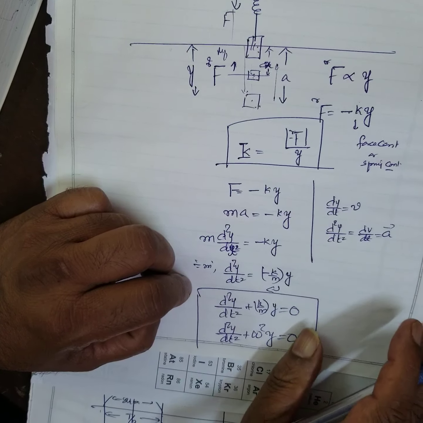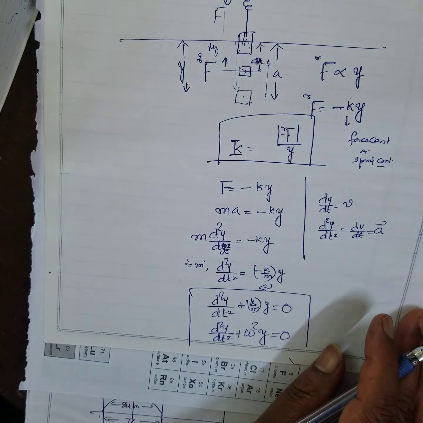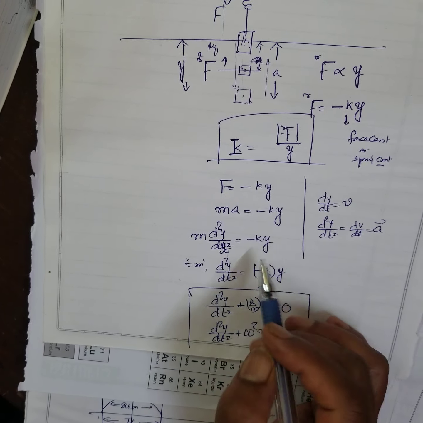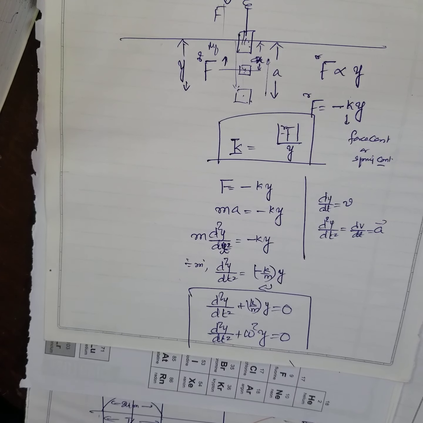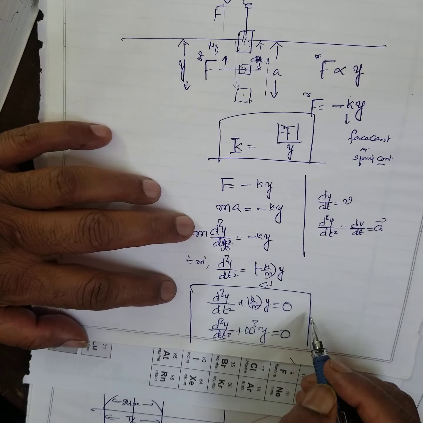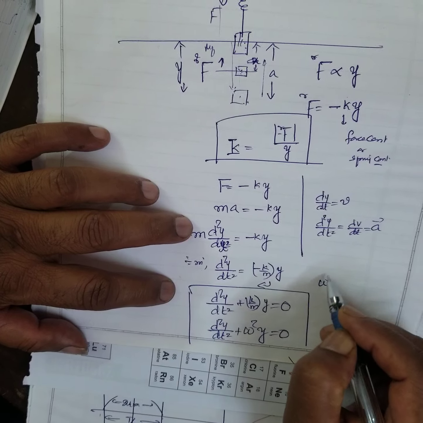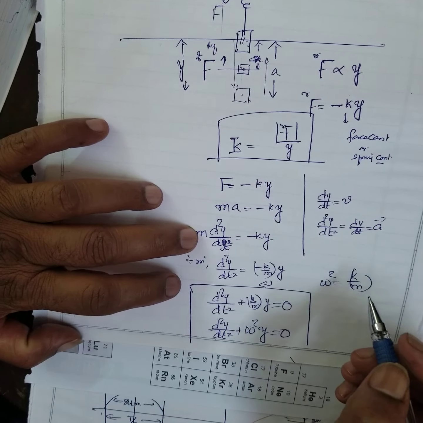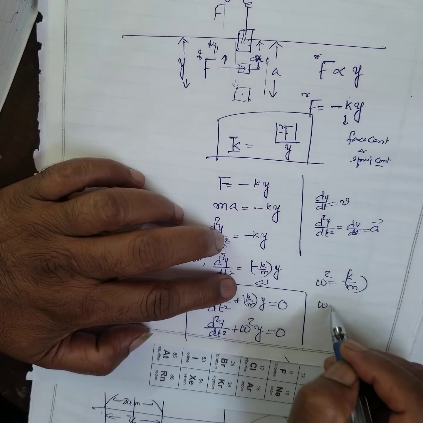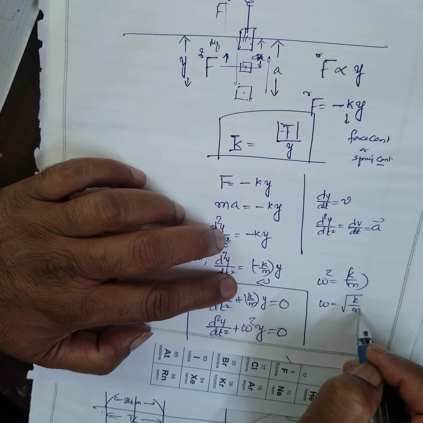This is the representation of a simple harmonic motion, because the time variable is important, with acceleration. Therefore, this is the differential equation of motion. What is omega square? Omega square is k by m. Therefore, omega is equal to the square root of k by m.